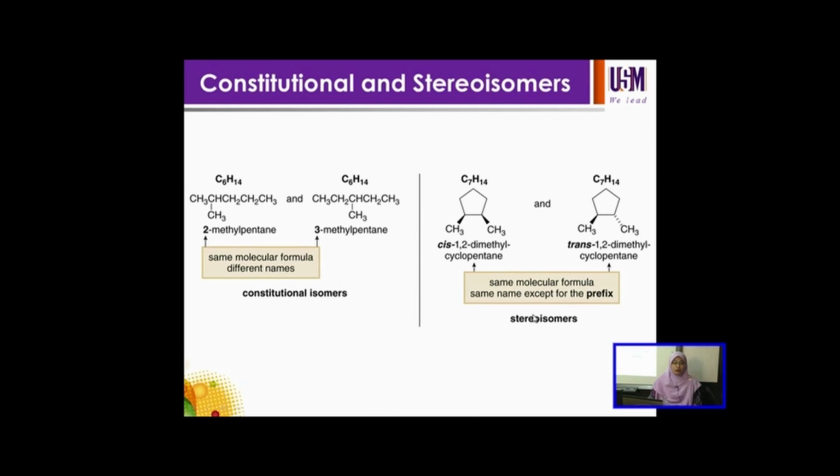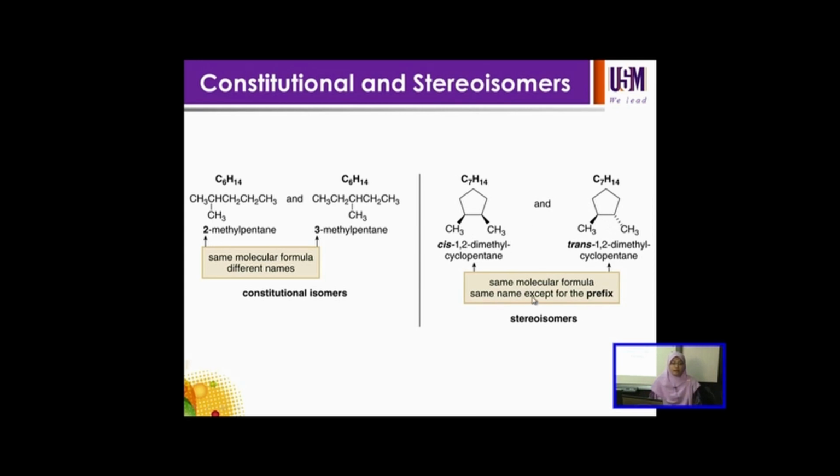While for stereoisomers, we also have the same molecular formula, which is C7H14. But here we can name this compound as cis-1,2-dimethylcyclopentane, while this one is trans-1,2-dimethylcyclopentane. So cis is when you have the substituents on the same side, while for trans we have the substituents on opposite sides.